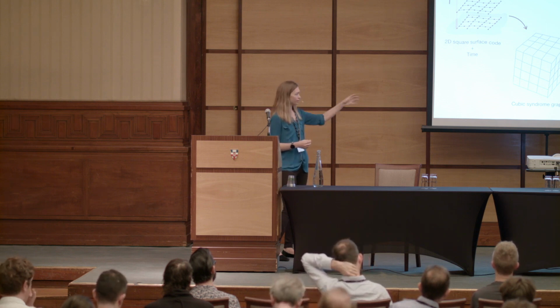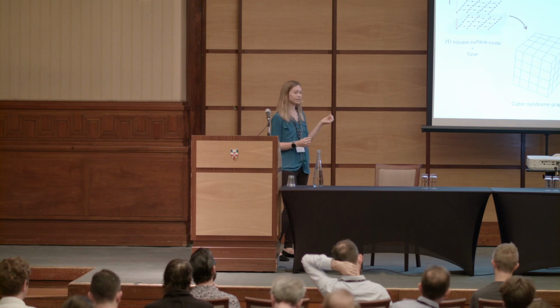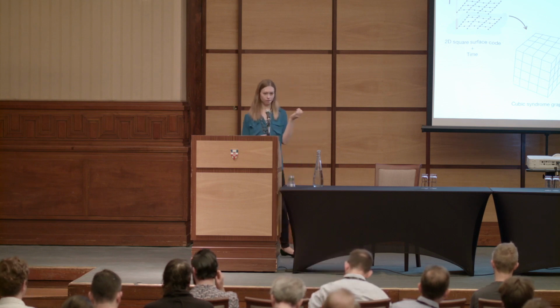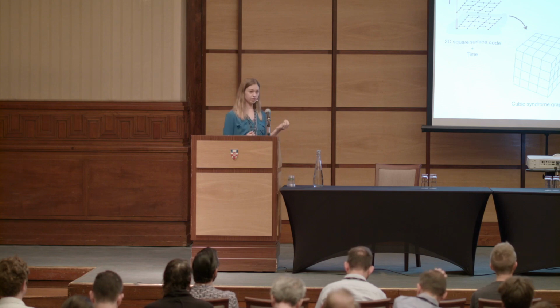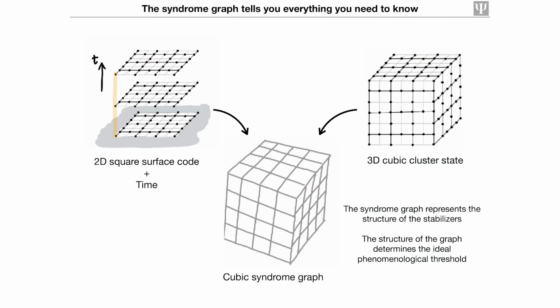In this representation, all of the parity checks of the code in the fault-tolerant picture are represented by vertices, and the edges represent the qubits. And this picture is obviously exactly the same for both of these two schemes, and it's a much simpler way of seeing the structure of what's going on.